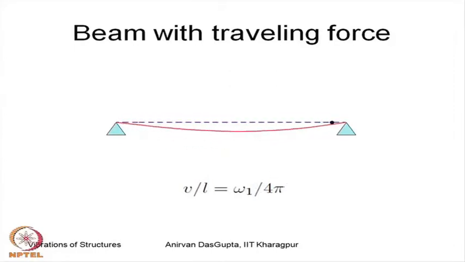Now, let us see what happens when we increase the travel speed. So, here V is L times omega 1 into pi over 4.